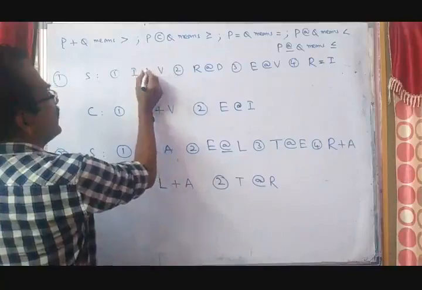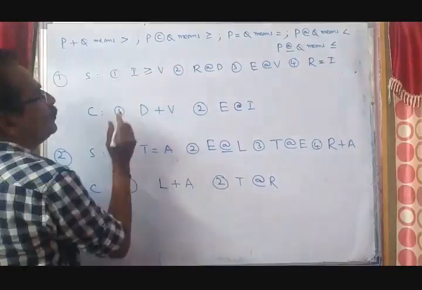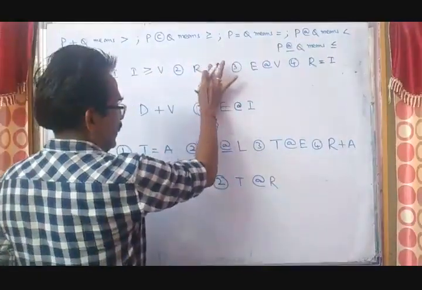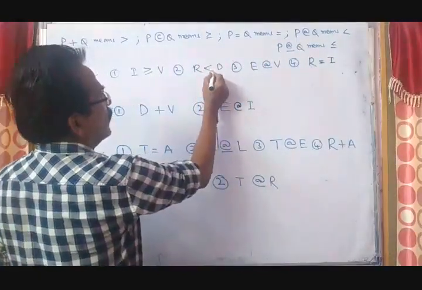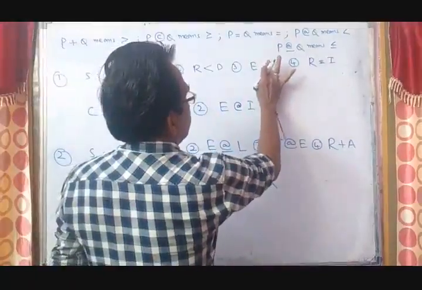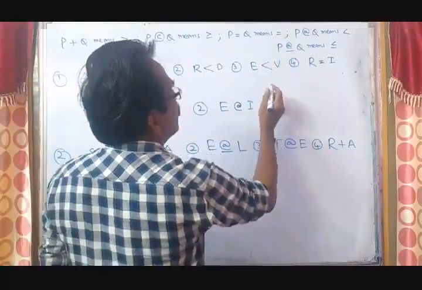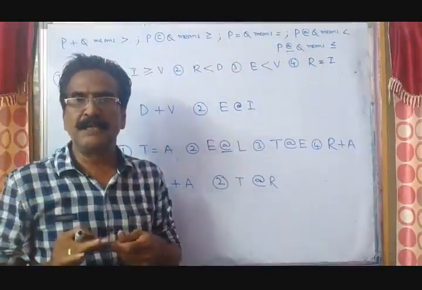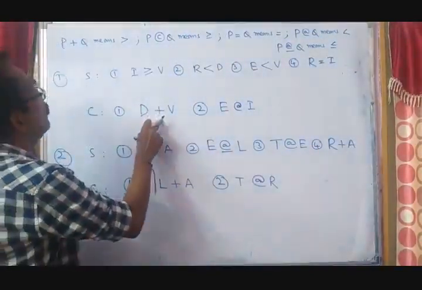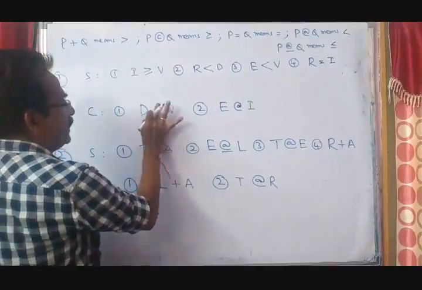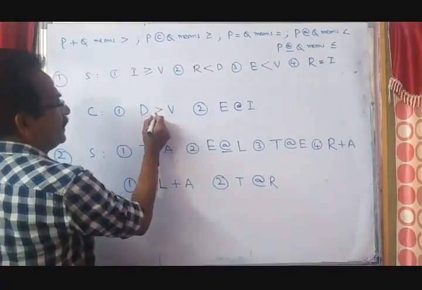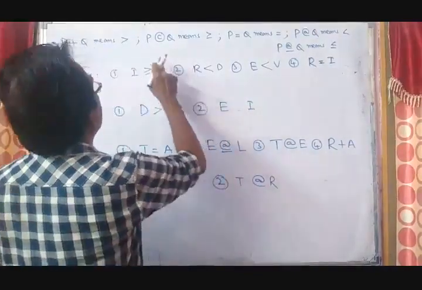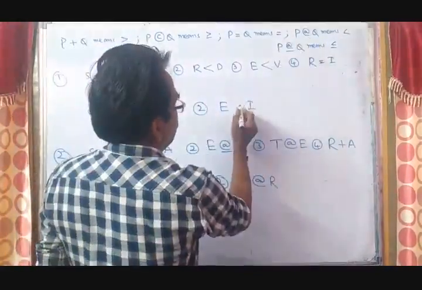At the rate means less than, and equal to means equal to, so we need not change that. Plus means greater than, and at the rate means less than.